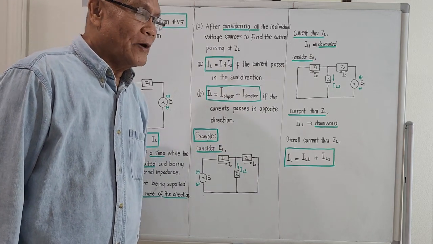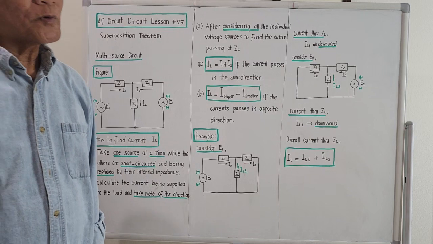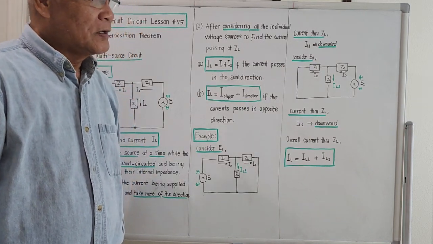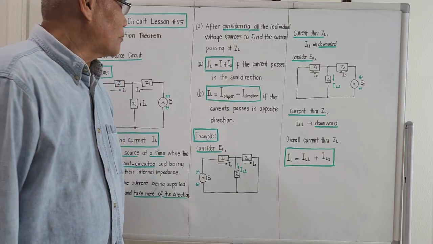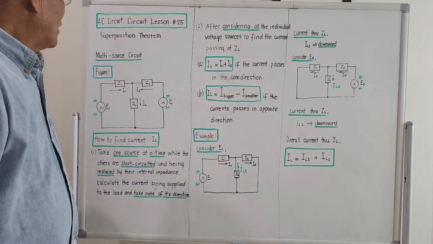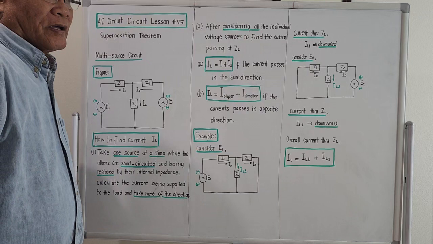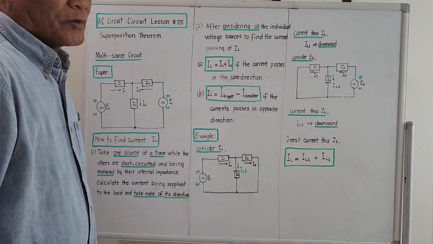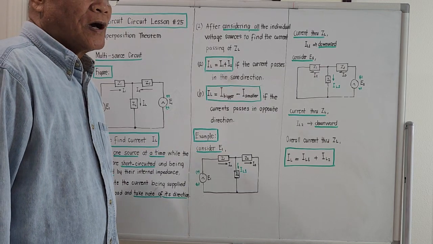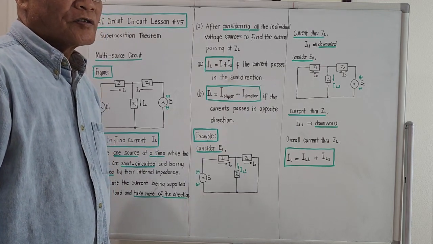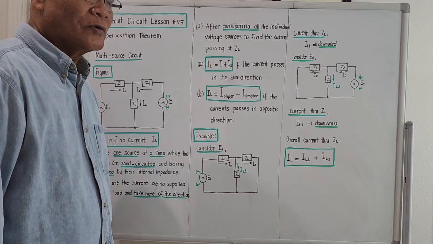The application of this superposition theorem is that it is used for a multi-source circuit, meaning there are too many voltage sources, like if you are connecting two alternators in parallel, serving a common load.